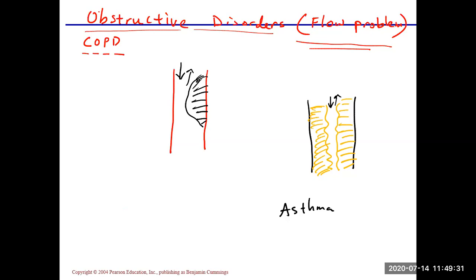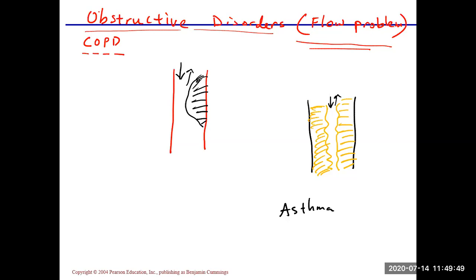What do they use? They use bronchodilators, right? They have this medication that they put in their mouth or their nose, and what it does is it goes into the trachea and into the lungs, and it opens up the bronchiole.